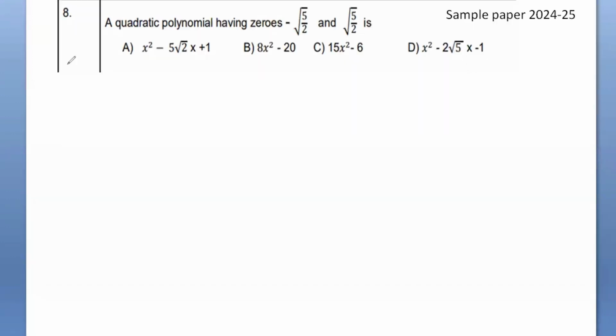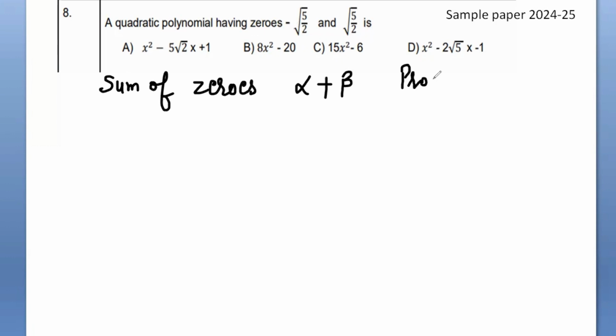So here the question is we have to find a quadratic polynomial having zeros minus root 5 over 2 and root 5 over 2. For such questions, we need to find the sum of zeros, which is alpha plus beta, and the product of zeros, which is alpha into beta.